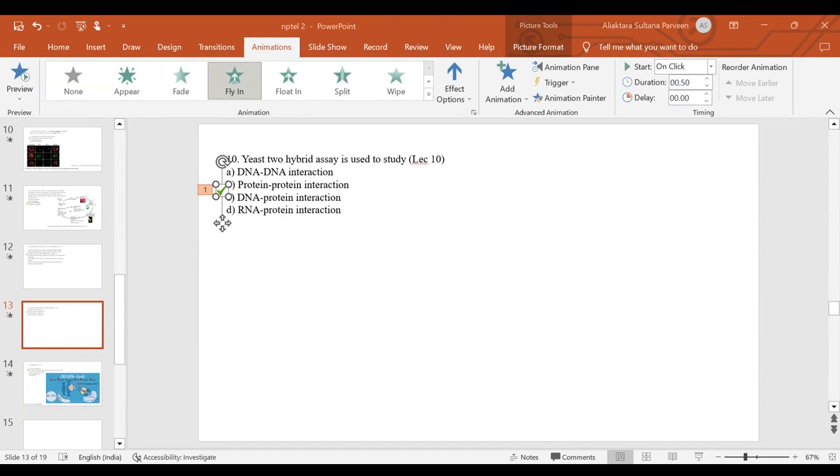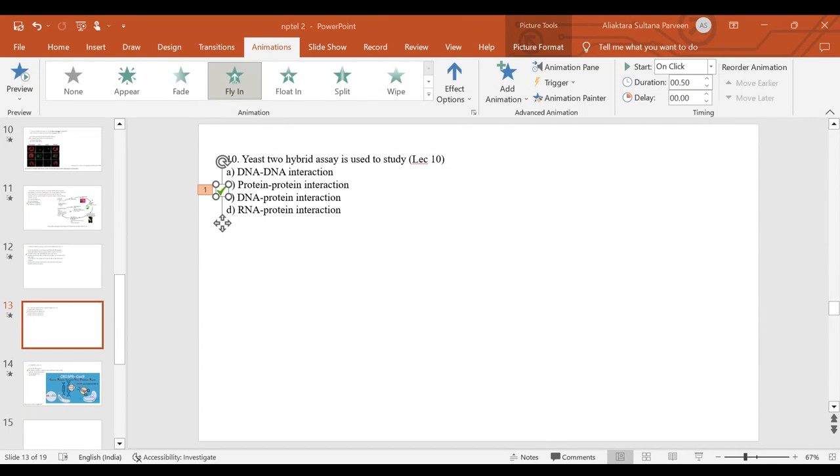As the name suggests, yeast two-hybrid means the experiment is performed in yeast. Two-hybrid means you have two different kinds of molecules you want to study, here protein A and protein B, to know whether they are interacting or not.